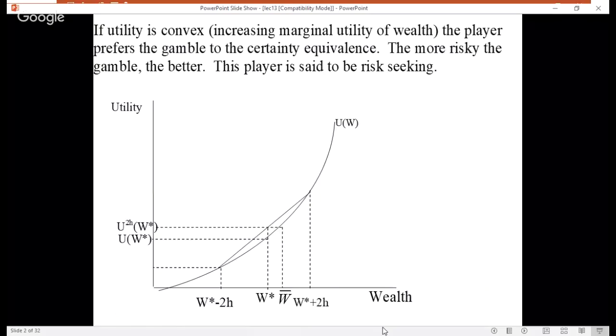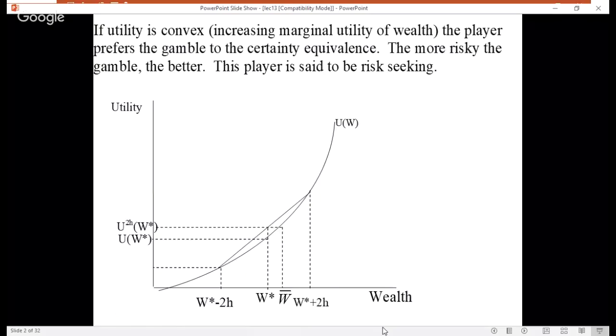Therefore, he prefers the gamble, and he'd be willing to pay to take it, whereas the risk averter would pay that difference to avoid the gamble.